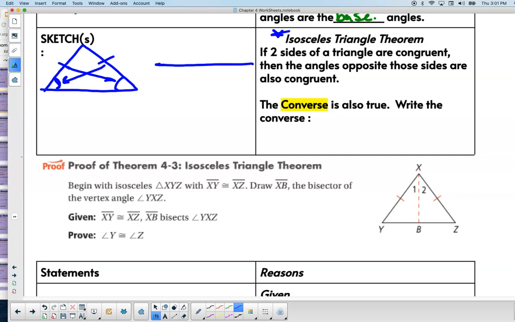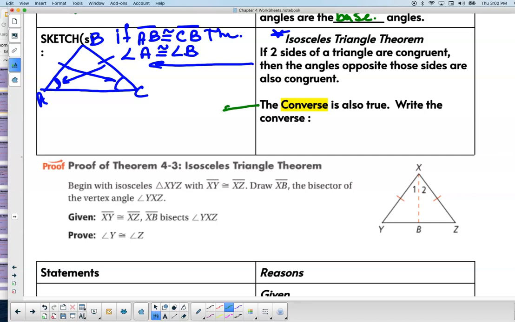So if I have AB congruent to CB, then angle A is congruent to angle C. So that's that first thing.